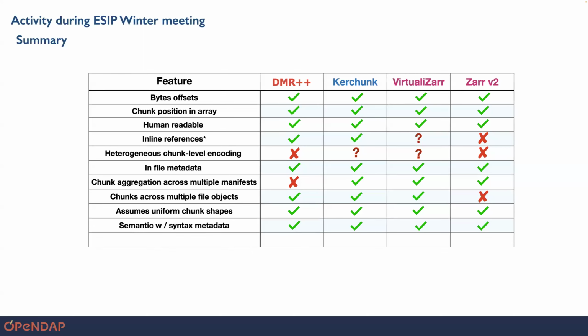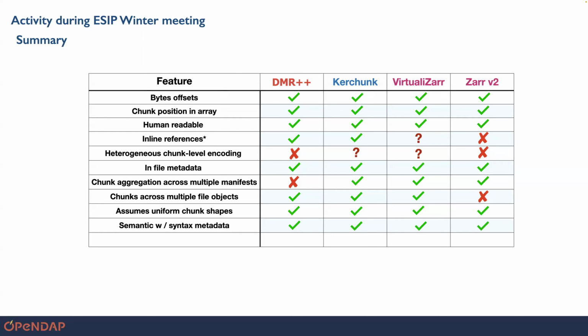But we did do a little tabular analysis here, and we came up with these things. We see that there's a lot of overlap. They're all using byte offsets. They all encode chunk position in an array. They're all representing their information in a human readable fashion. Icechunk isn't on here, and I don't think that's true for Icechunk.